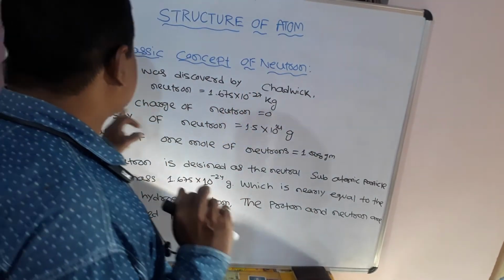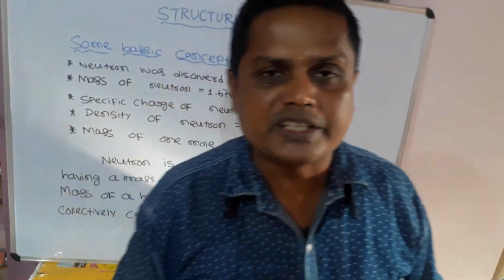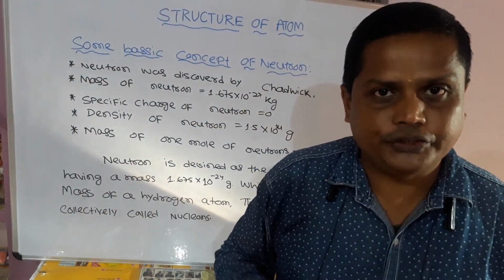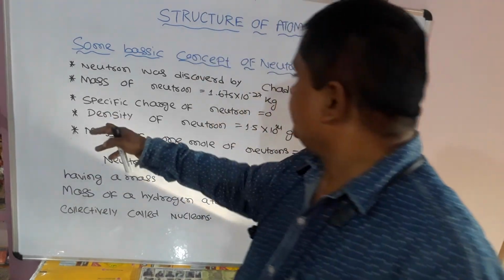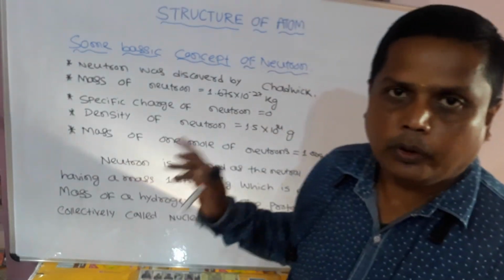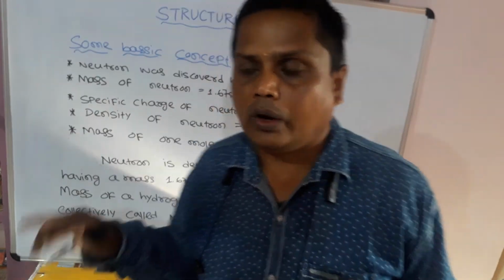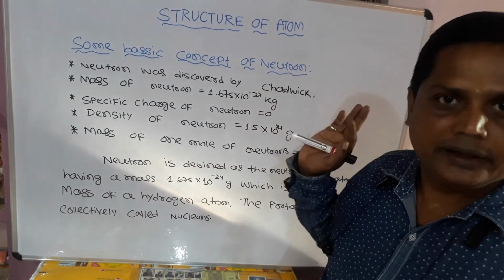Then specific charge of neutron equals 0. Then density of neutron equals 1.5 times 10 to the 14 grams.